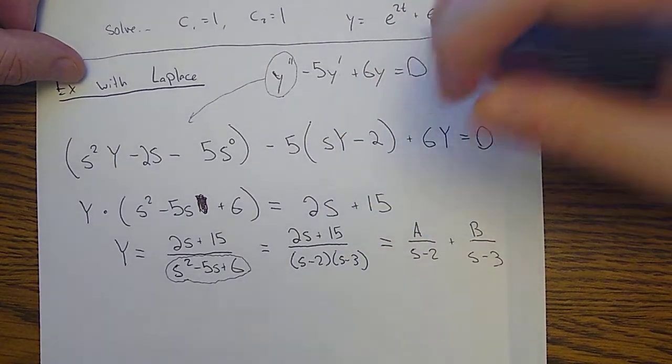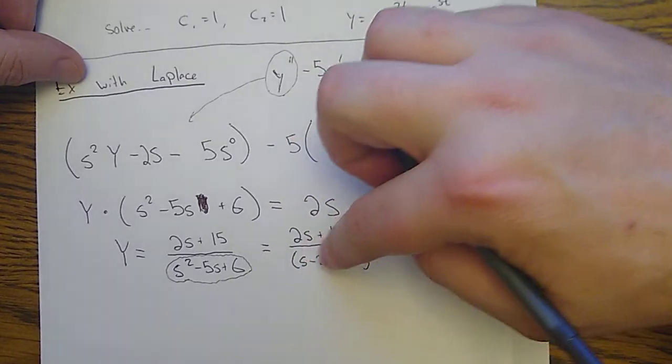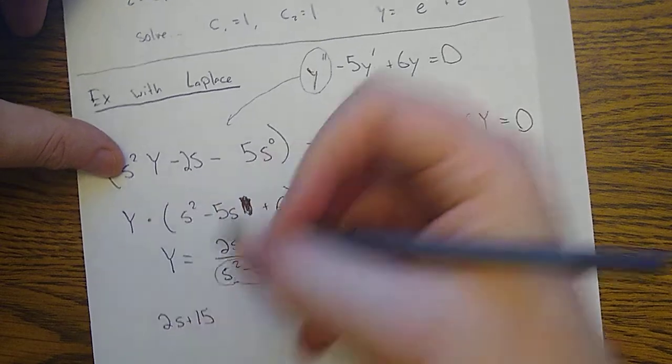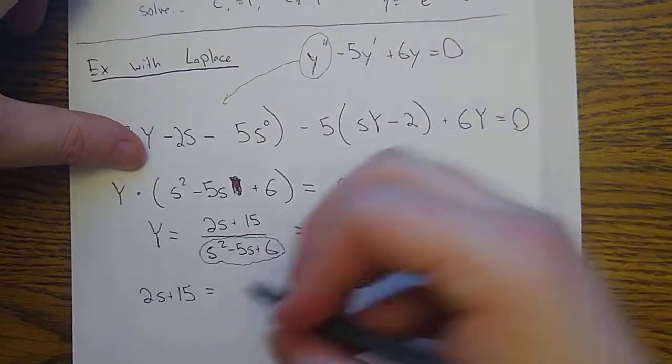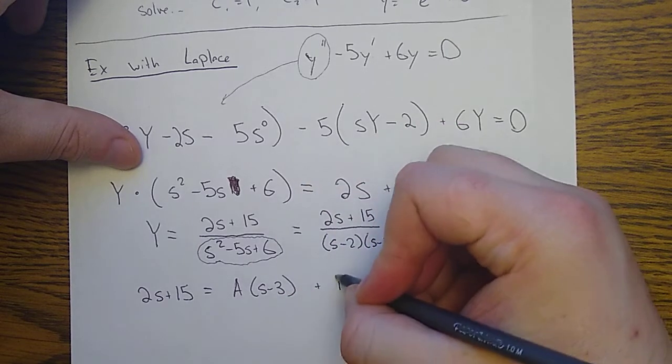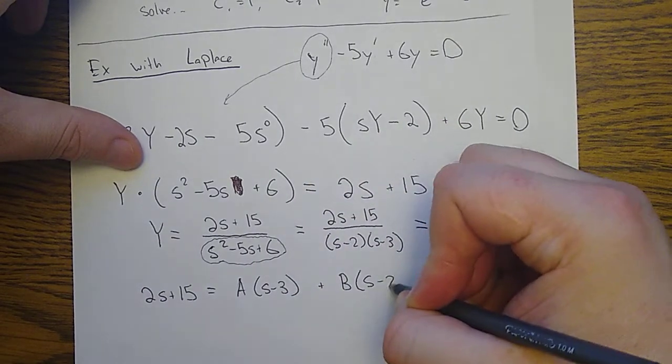I need to solve for a and b, so I would multiply by s minus 2, s minus 3. So I would get 2s plus 15 equals a times s minus 3, plus b times s minus 2.